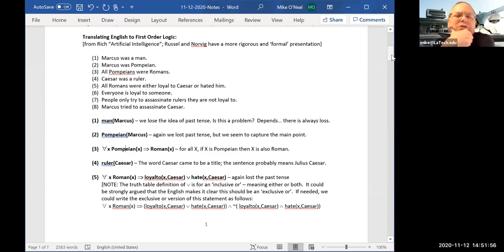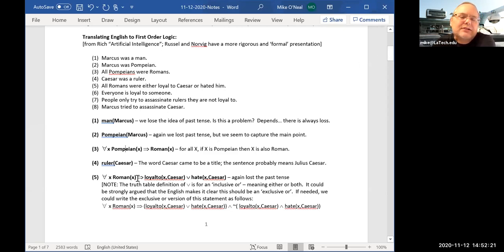Number 5, all Romans were either loyal to Caesar or hated him. Now, this is a little bit more complicated, but basically you're saying something like, if X is Roman, then either X is loyal to Caesar or X hates Caesar. Okay? And that's what we're saying here in Rule 5.